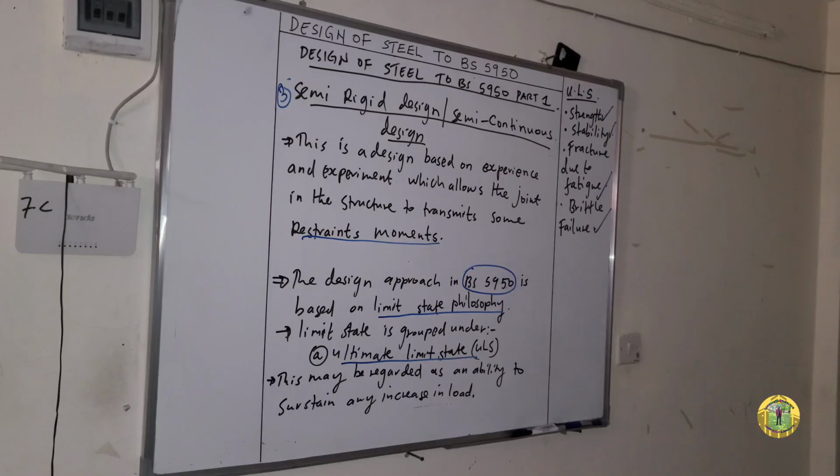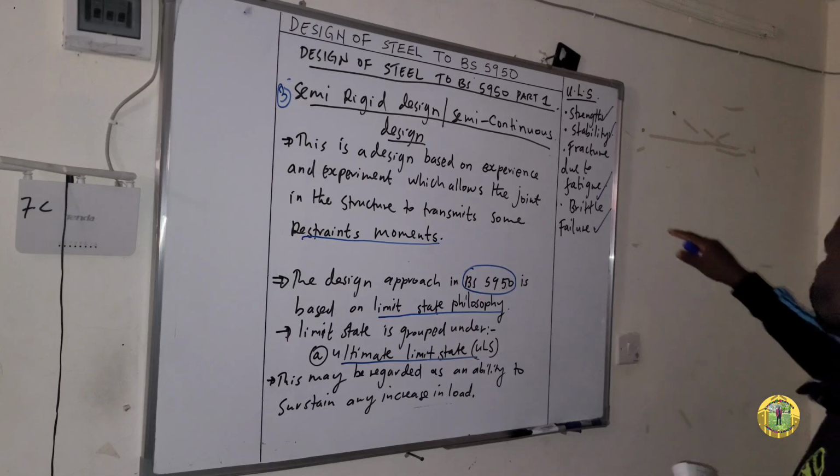Then we have number 2, stability. The building or structural framework as a whole should be checked to ensure that the applied loads do not induce excessive sway or cause overturning. And then we have fracture due to fatigue.